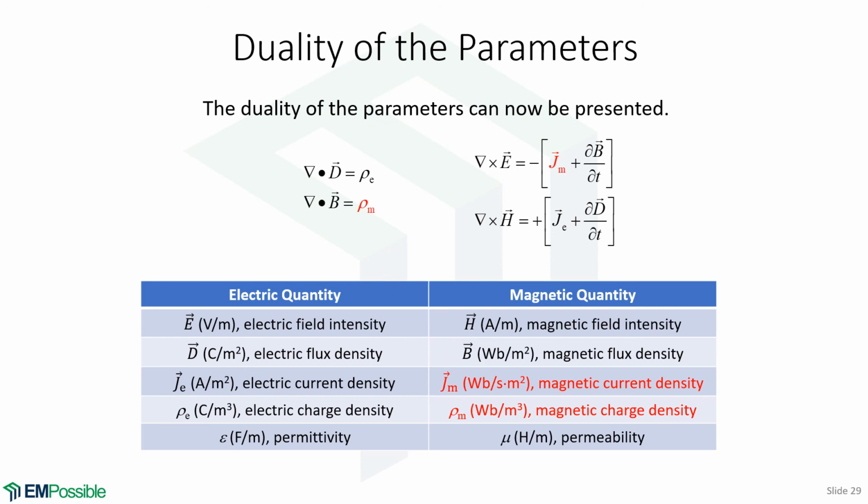Both of those are the all-inclusive terms that contain both forms of electric and magnetic energy. We could then move to the current, where we have the electric current density and the magnetic current density. We can talk about the electric charge density and the magnetic charge density. And then we can talk about the permittivity, which is the ability of a medium to store electric energy. And we have the permeability, which is the ability of a medium to store magnetic energy. Now, the non-physical terms are what I've highlighted in red here, but it does help show off the duality.